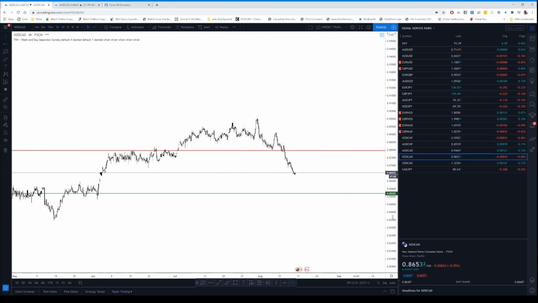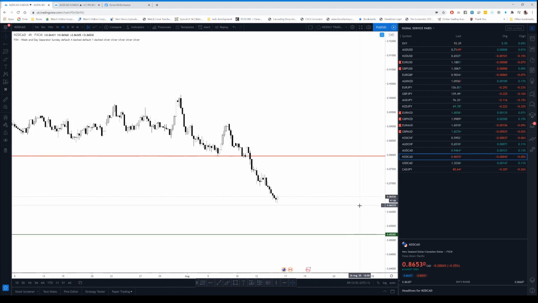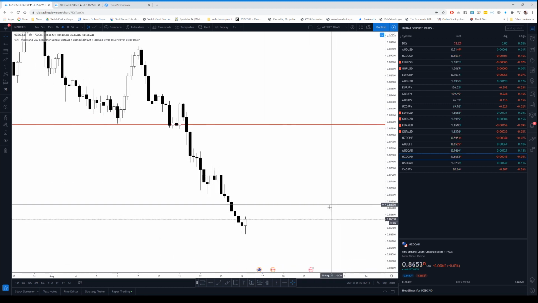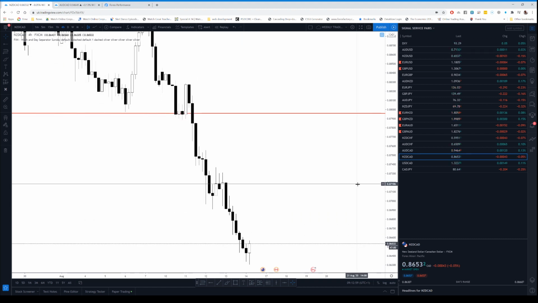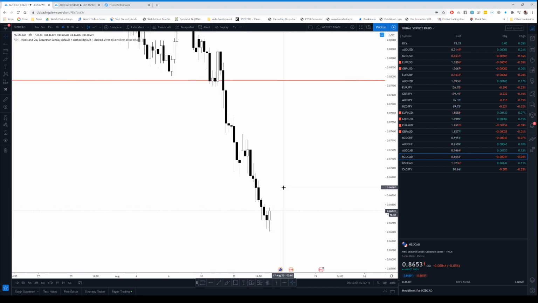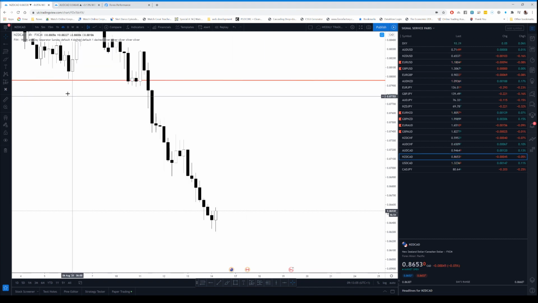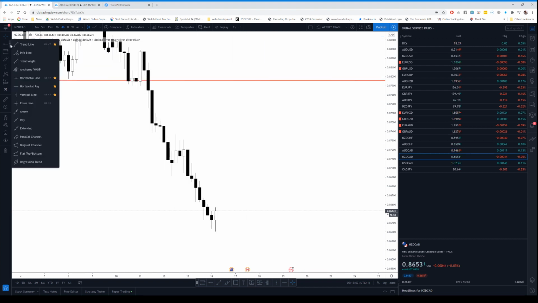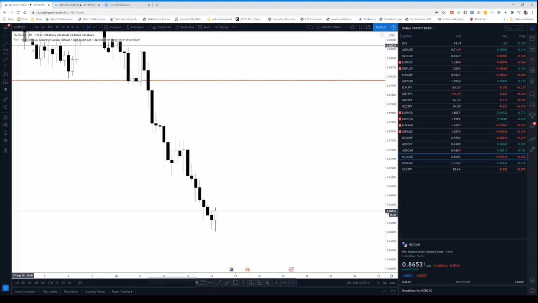Okay, so we might go into some form of retracement. Look what we have on the 4-hour. We do have that rejection pattern. So yeah, be mindful. We might go in some form of a retracement. If I draw a line here, we wait for this candle to close.